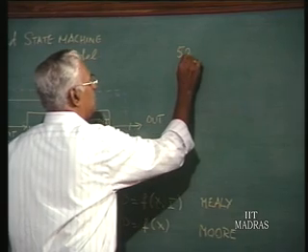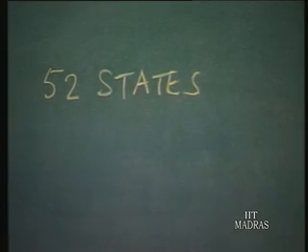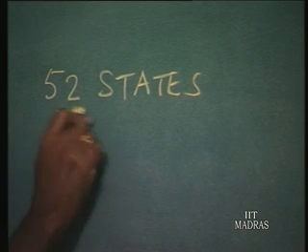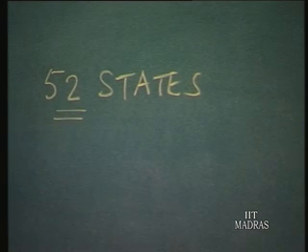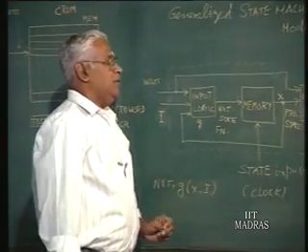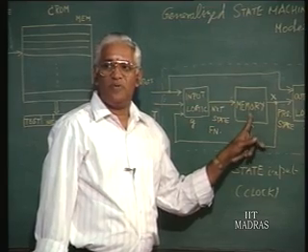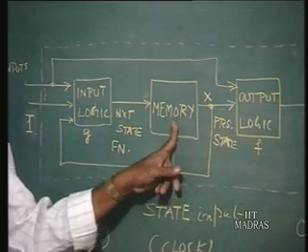Suppose you have worked out the design of a CPU, and you have worked out the whole thing and there are 52 states. Now the 52 states, this is going to represent one after another, at any time only one.